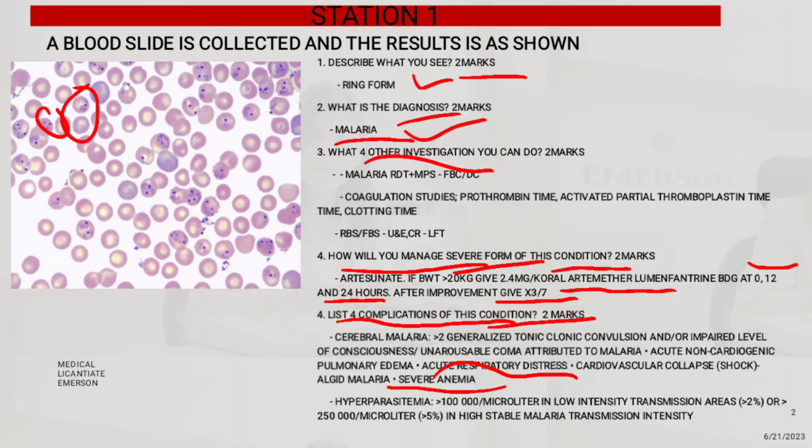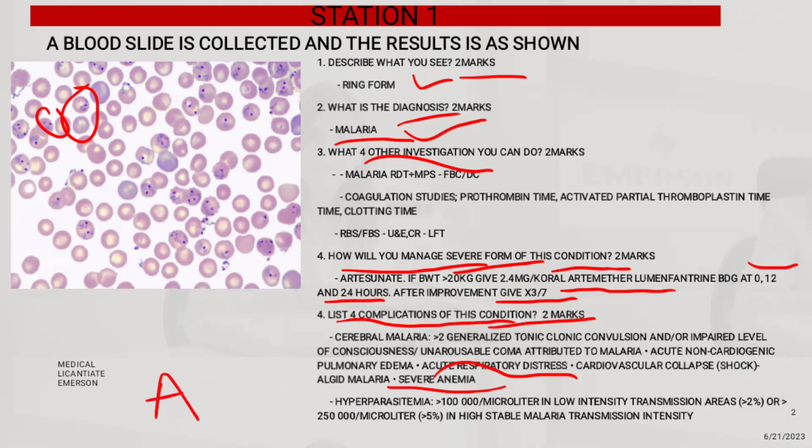These are complications of malaria. You can also have hyperparasitemia, where we have more than 100,000 parasites. So those are some of the complications. Then the other complications which are not here, we have AKI.